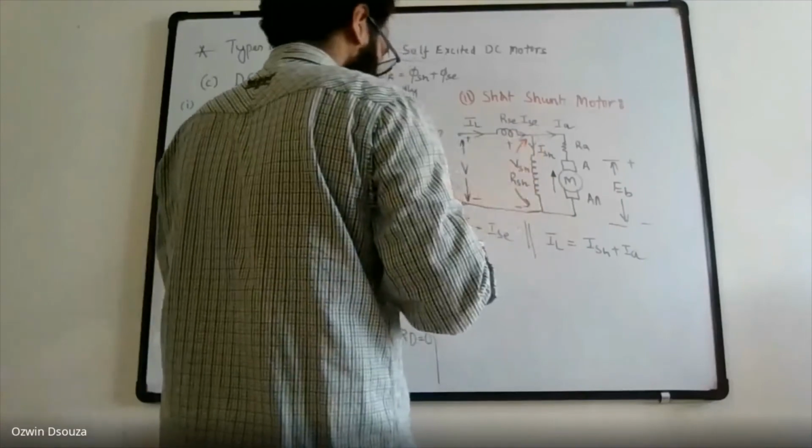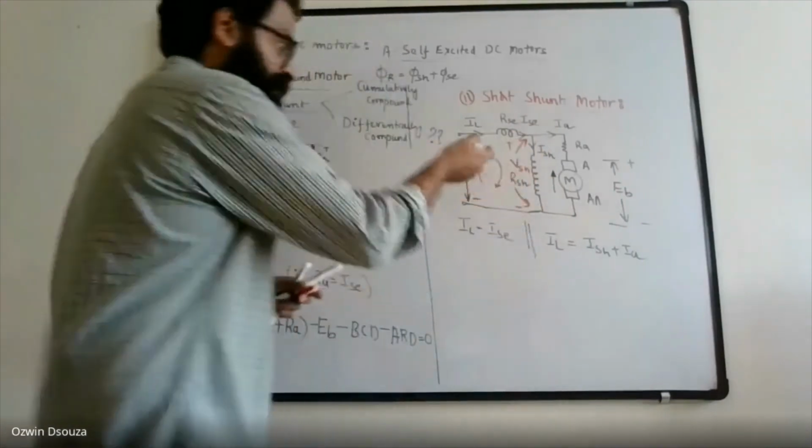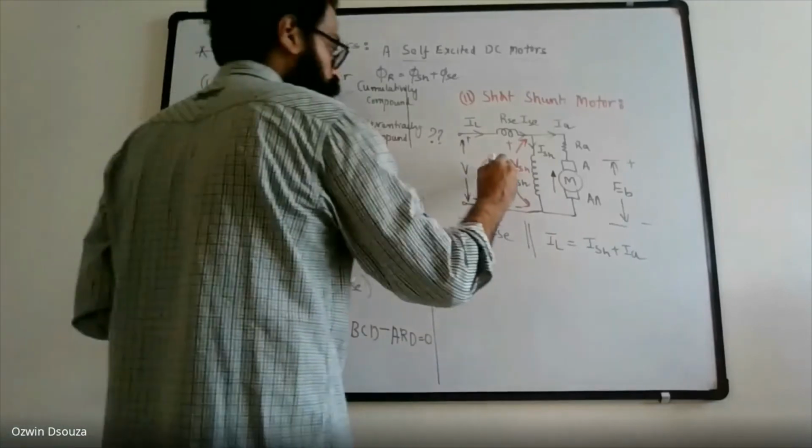You can apply KVL in this particular loop, say loop 1.